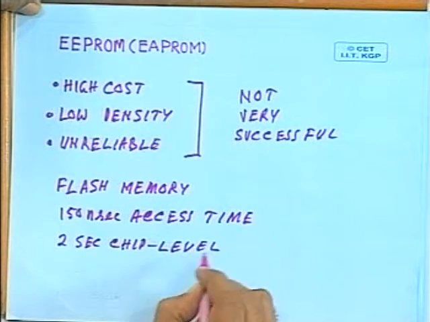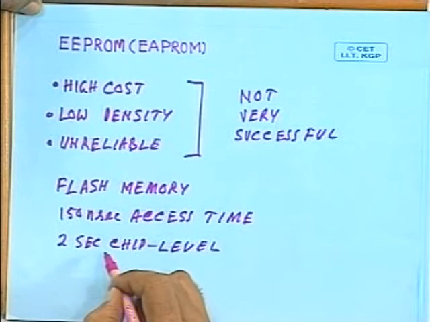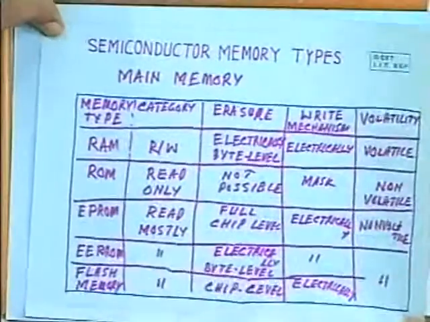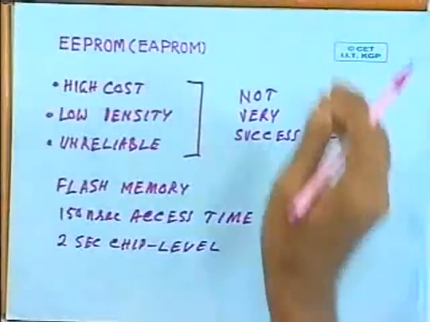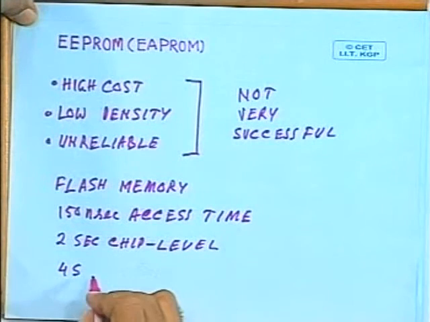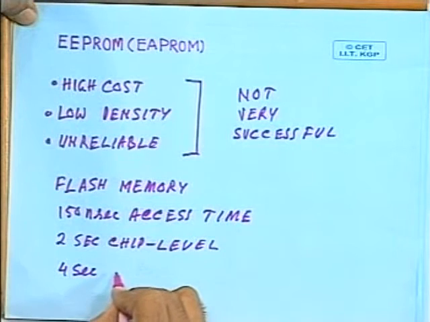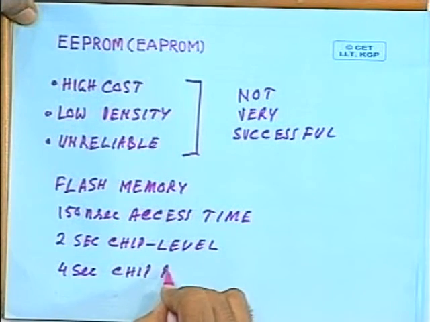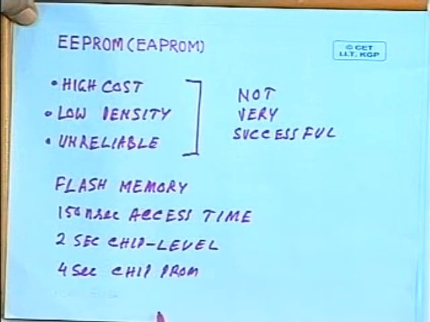That means all the elements within the chip get erased, just like your electrically programmable ROM. And to program it, it will require about 4 seconds. So the entire chip can be programmed in about 4 seconds.